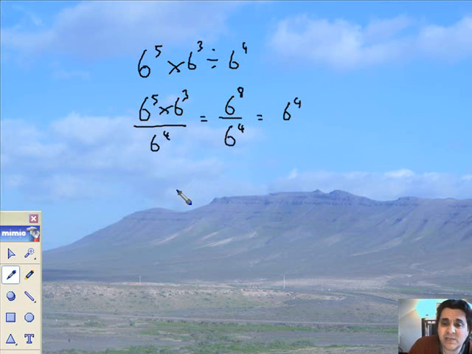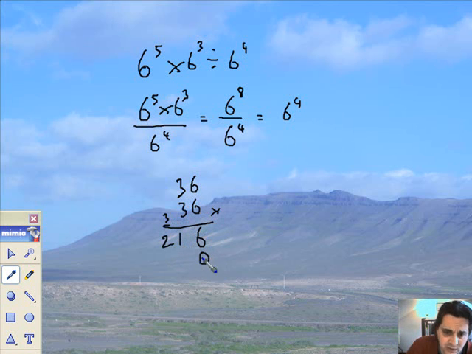Well, 6 times 6 is 36, and another 6 times 6 is 36. If I multiply these, I've got 6 to the power of 4. So here I go. 6 6s 36, 6 3s 18, 19, 20, 21. That's 6, 36 is done. Drop a 0. 3 6s 18, 3 3s and 9 plus 1 is 10.